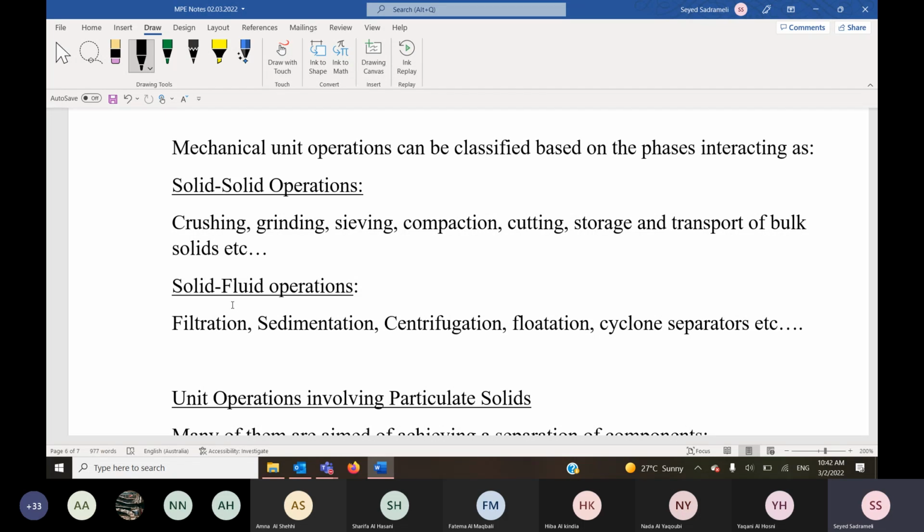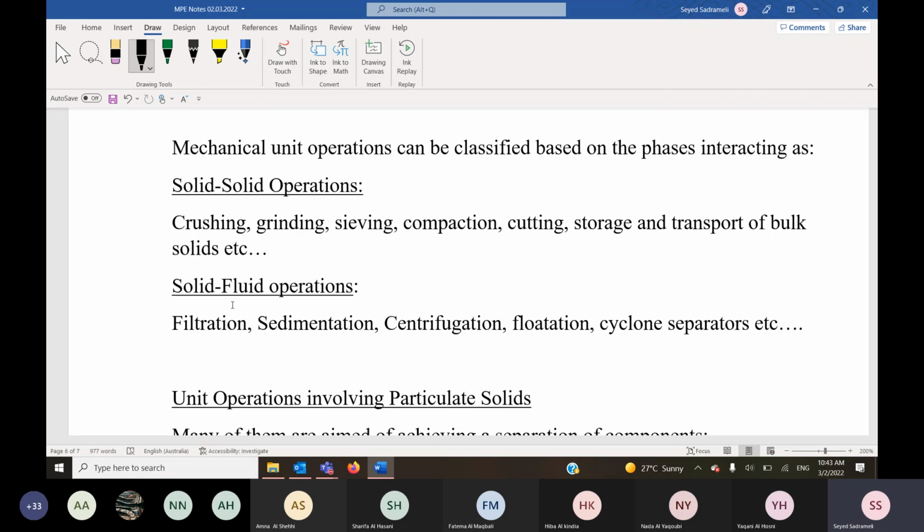That's what you do in the coffee maker. You have a coffee maker which has coffee and the solid particles. So you pass them through the filter, the solid will be captured by the filter, and then you get the pure liquid coffee out of the filter.